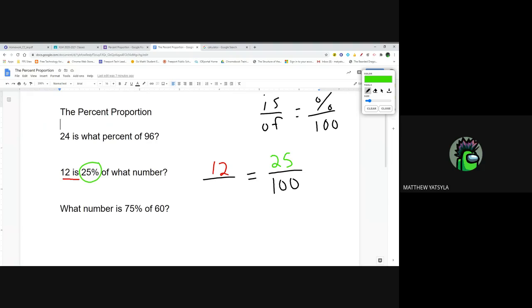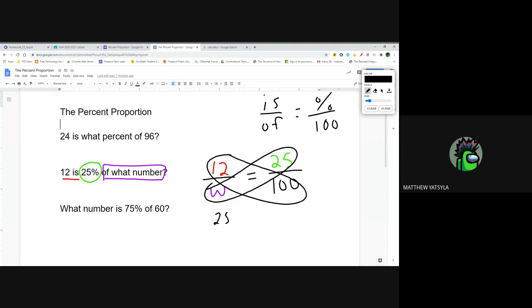But now we're looking for our of. Of what number? In this case, we'll use W for a whole. You don't have to, but I like doing it to keep my life easier. And then we'll solve. 25 times W, 12 times 100. We get 25W equals 1200.